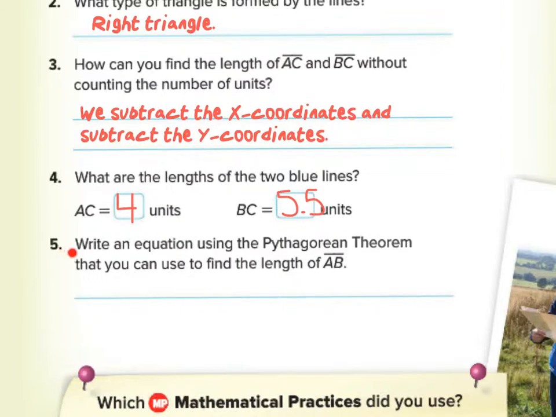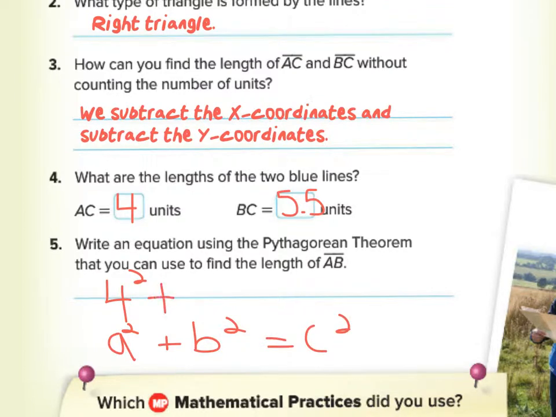Number 5, write an equation using Pythagorean theorem that you can use to find the length of AB. We already know then that one line measures 4, right? And that's our A, so that's 4 squared, or we can say A squared plus B squared equals C squared, right?